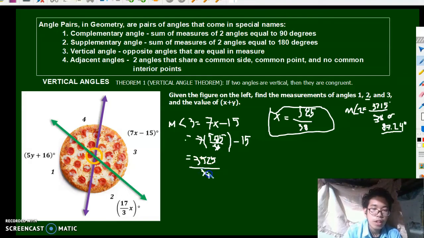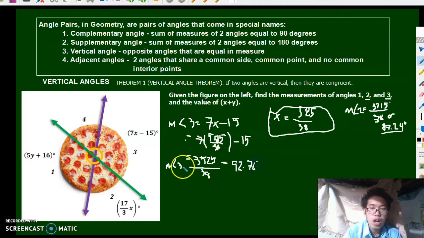So that's the measurement of angle 3. And since that's also one of the angles we want to know the measurement of, we have to transform that into a decimal. That's going to be 92.76 degrees. So that's the measurement of angle 3.